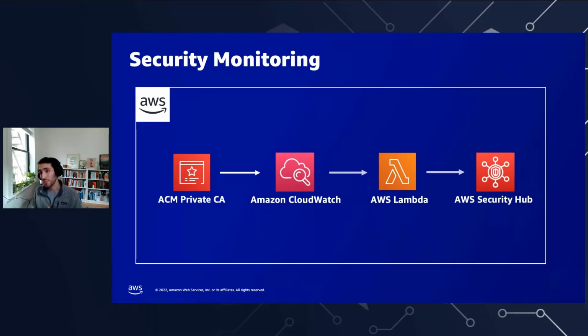We have tools that enable you to do this, and this includes sending events through CloudWatch to Lambda, which then populates it within Security Hub. Now, Security Hub allows you to have that single pane of glass and view your security findings. And so this integrates with Private CA, and a module walks you through that.